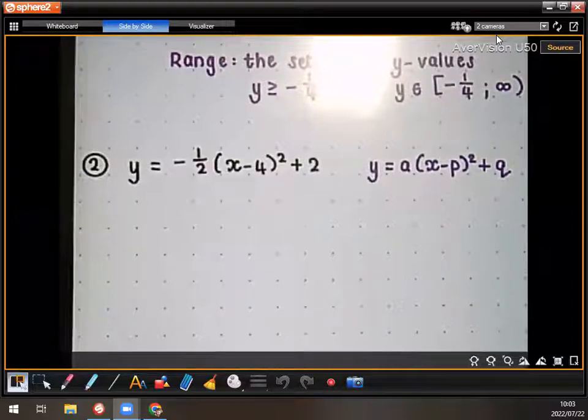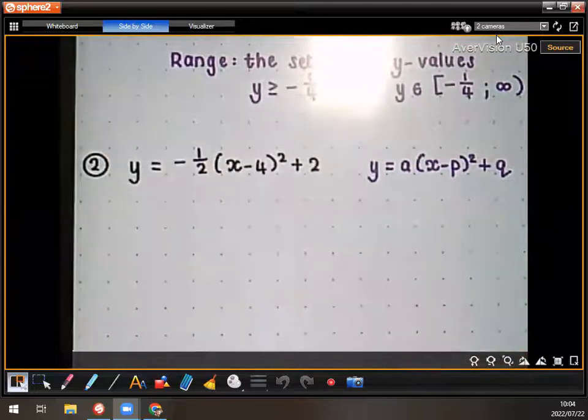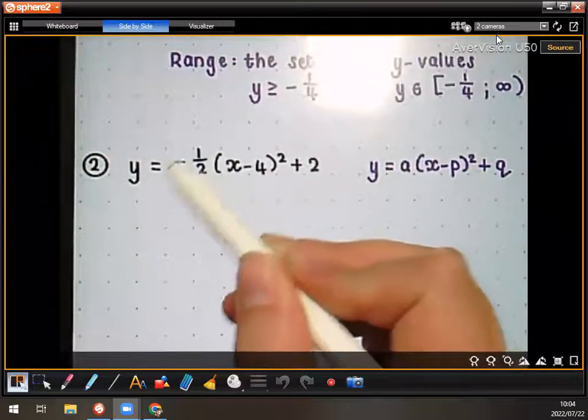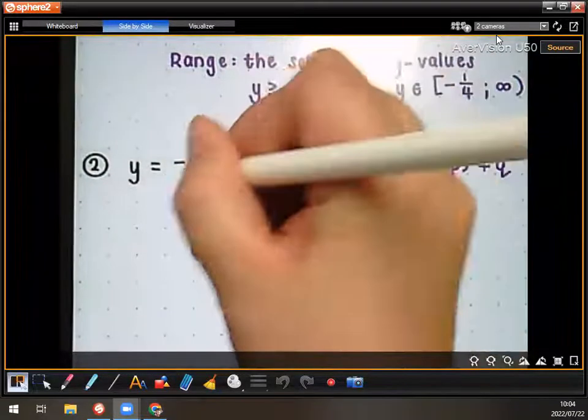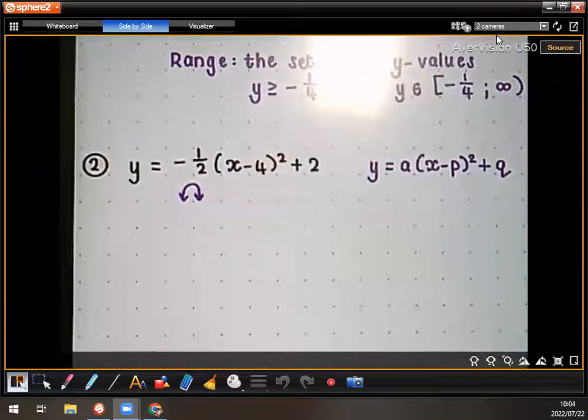Do we agree that it's the same thing? And our a value now is negative a half. The fact that it's a half doesn't matter, don't stress about that. I think it makes this equation look much more complicated than it is. We need to identify though that it's negative, so that means we're going to have a downwards facing parabola here.